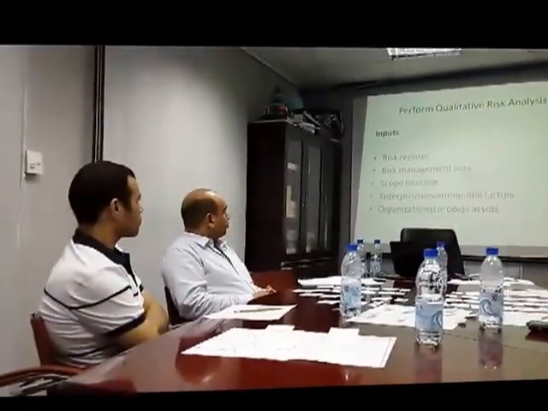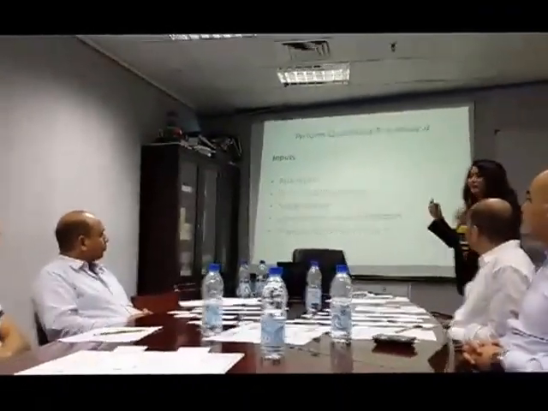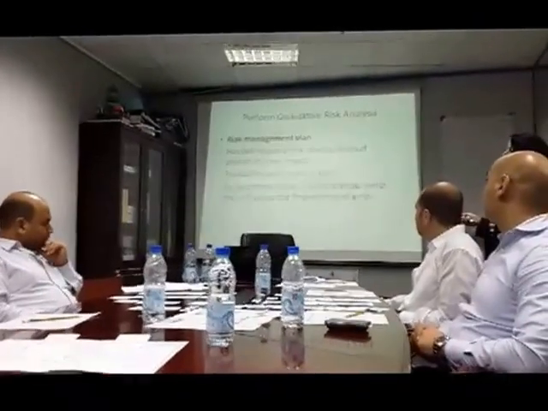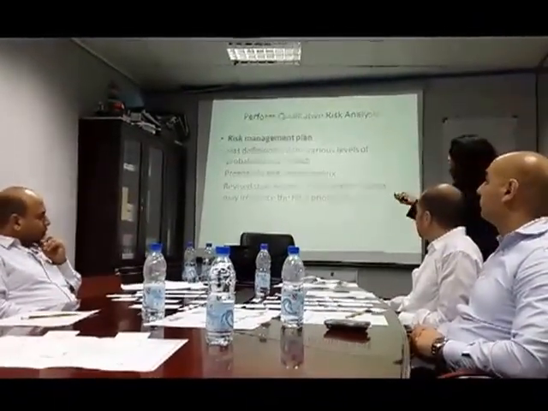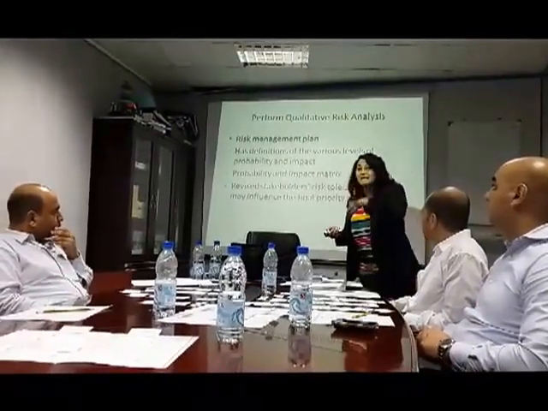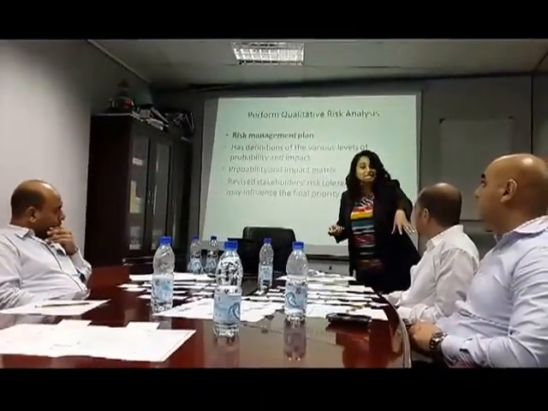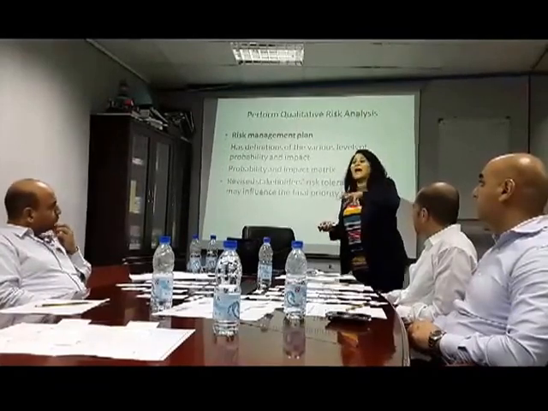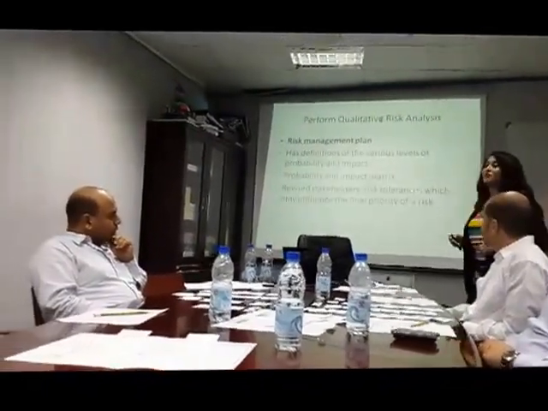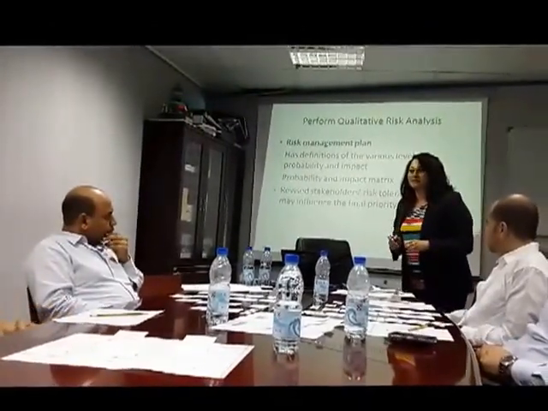Now, what are the inputs to the qualitative risk analysis? The risk management plan, you remember I talked about this, I said what's inside the risk management plan. But what's in the risk management plan that is related to qualitative analysis is that the plan has definitions of the various levels of probability and impact.